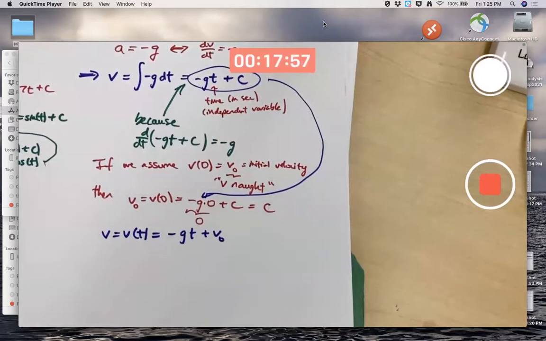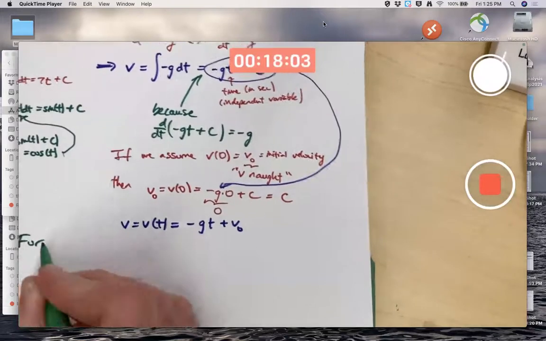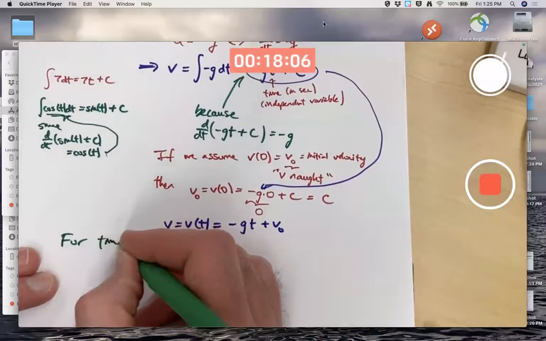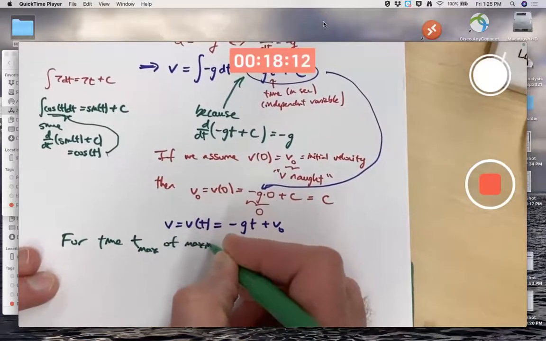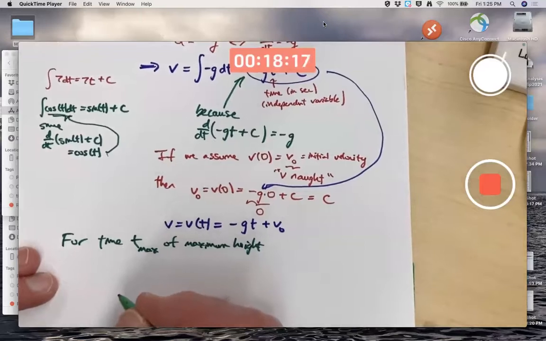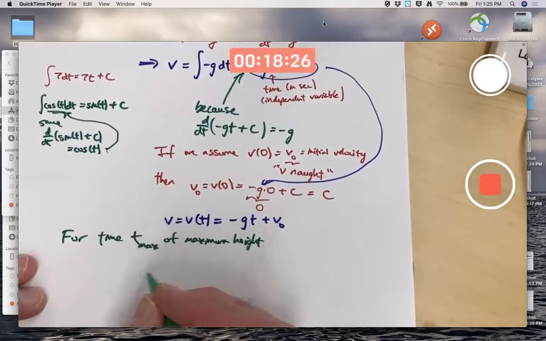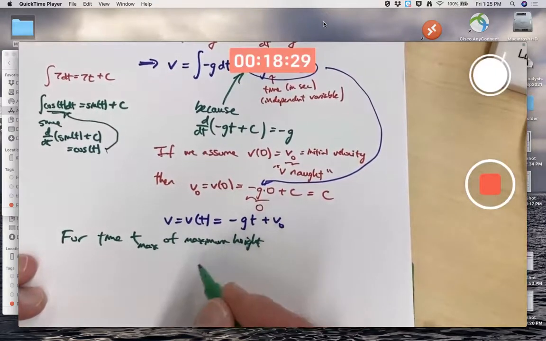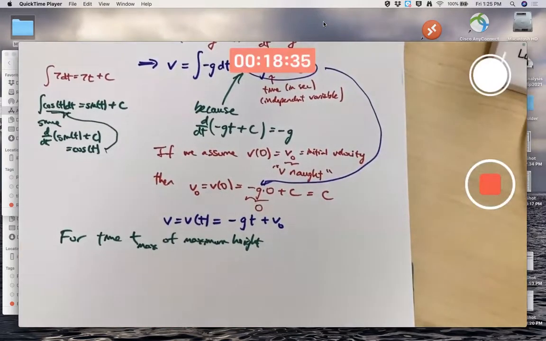To find the time of maximum height, call it t sub max, if you like, what algebra should I do? Solve for t when what? When v is 0. It's going to be at its high point the instant in time when the velocity is 0.